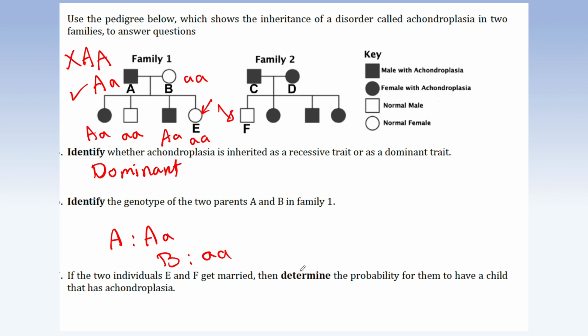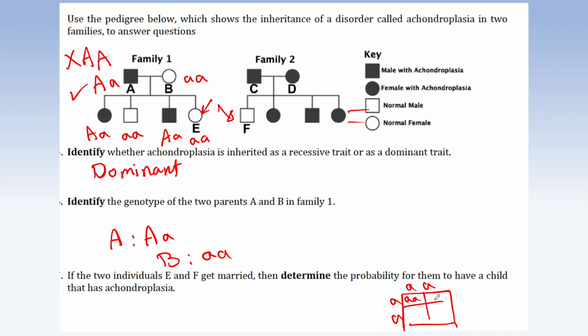If the 2 individuals, E and F, get married, then determine the probability for them to have a child that has achondroplasia. As simple as that. Both of them are normal, as you see, clear. So let me draw the Punnett square in a simple way. I'll use this area, even if it's small. So E is small a small a, also F, small a small a, normal, homozygous recessive.